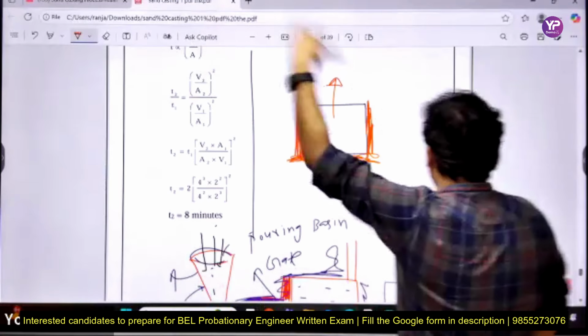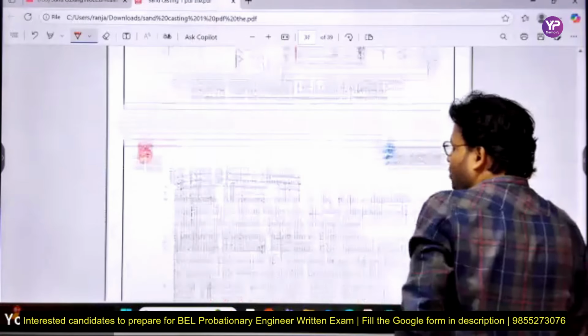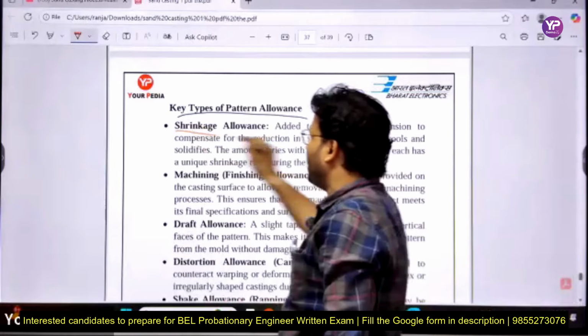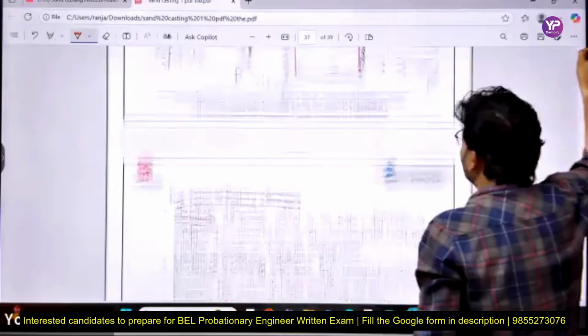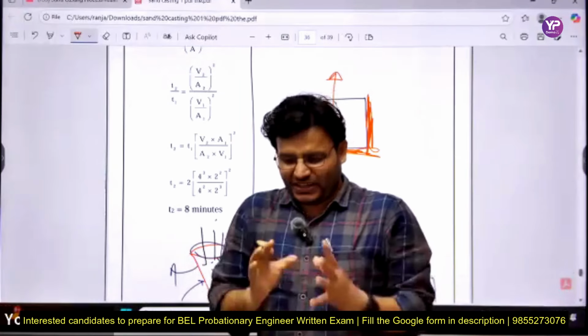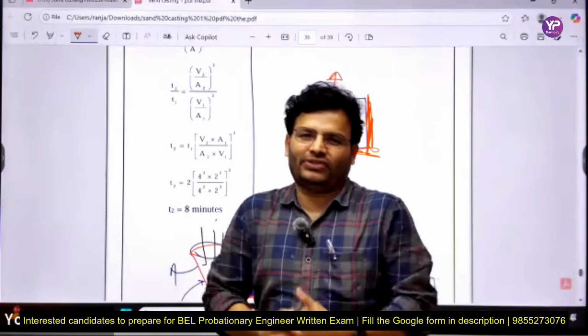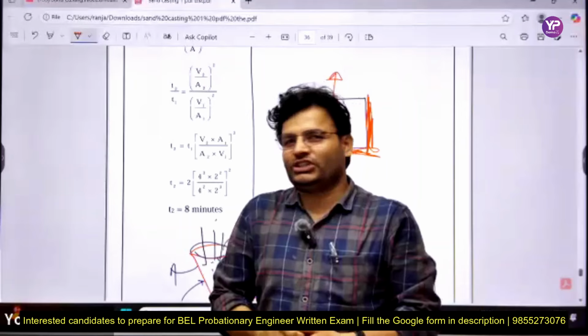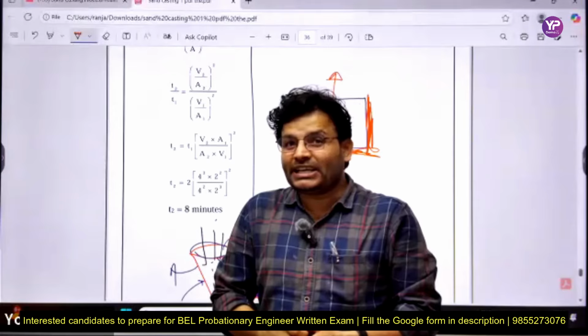Let's start with the first pattern allowance. I am going to discuss shrinkage allowance. What is shrinkage allowance, my dear friends? If anything solidifies from its liquid state, its volume decreases or increases?